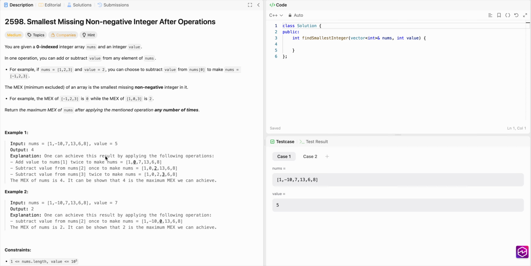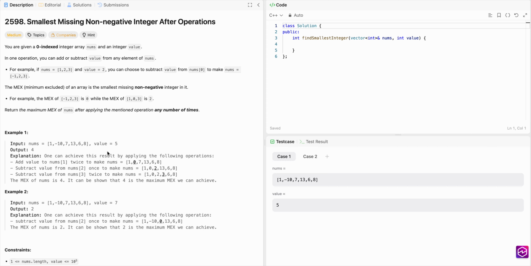So how do I... we need to find the MEX. Well, basically our requirement is 4.